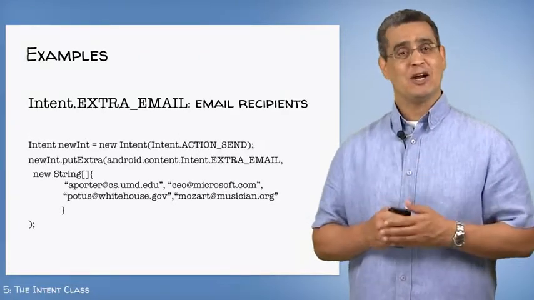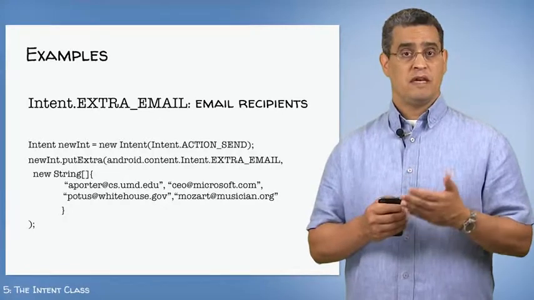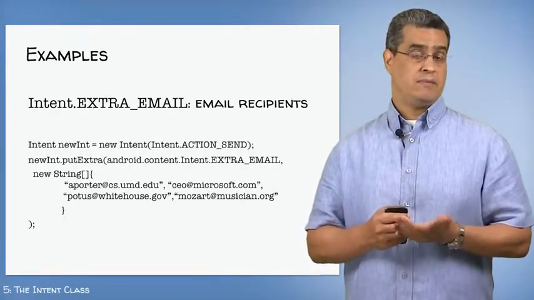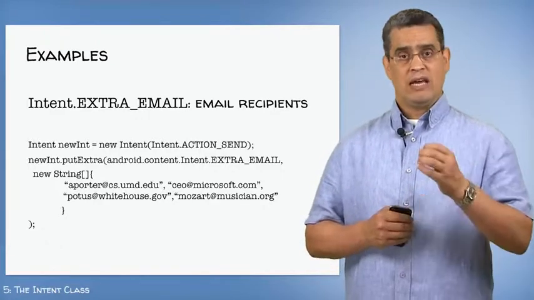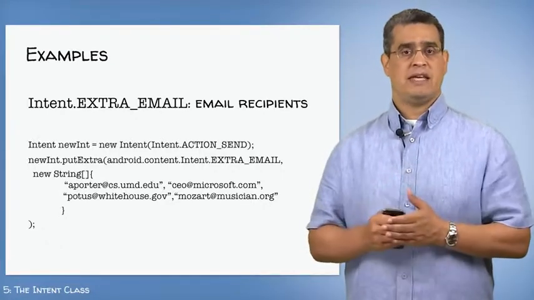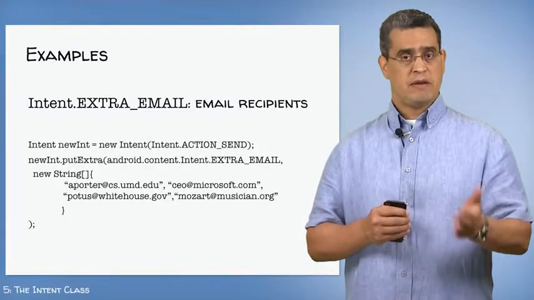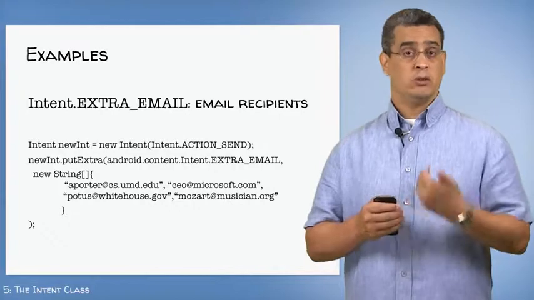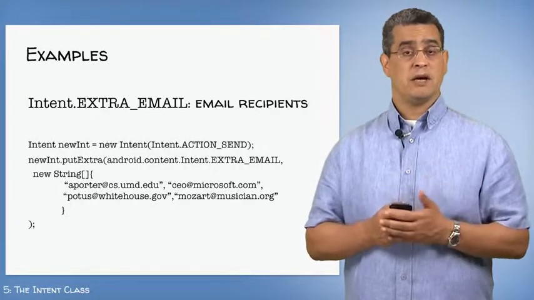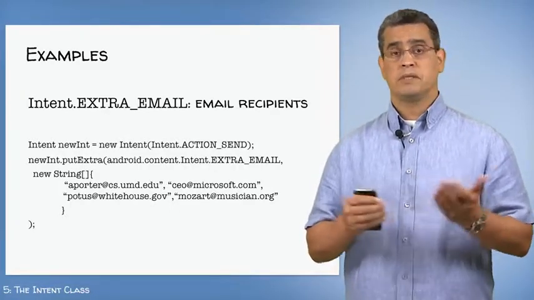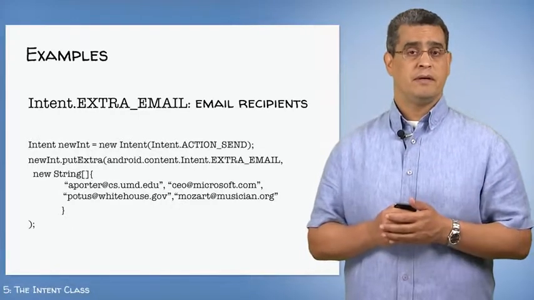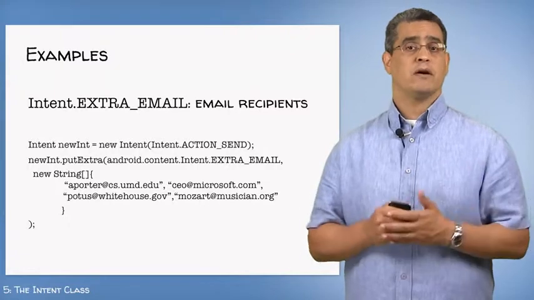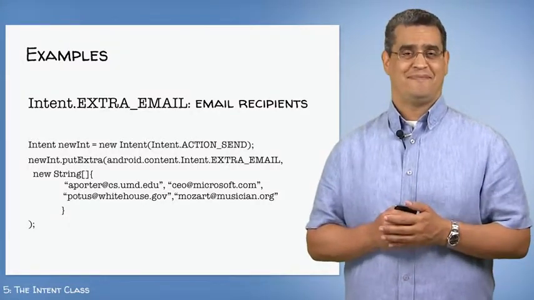As you can see here, this code creates an intent with the action Intent.ACTION_SEND, so we want to send some email. It also adds an extra to that intent. The extra is named EXTRA_EMAIL, and in this case, its values include me, aporter@cs.umd.edu, CEO at microsoft.com, POTUS at whitehouse.gov, and Mozart at musician.org.